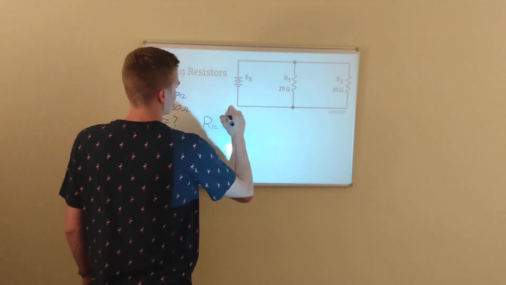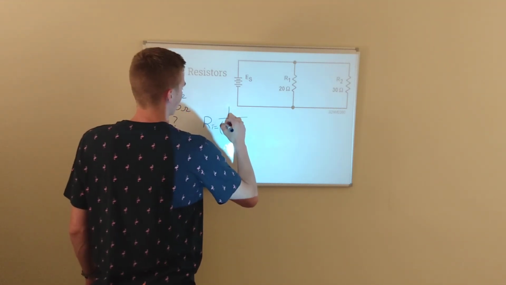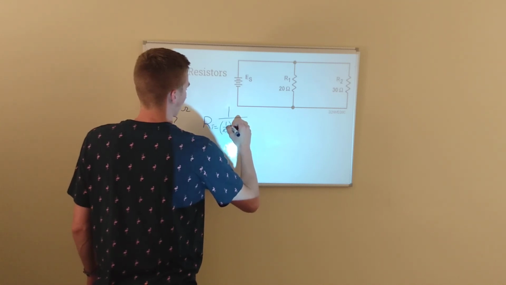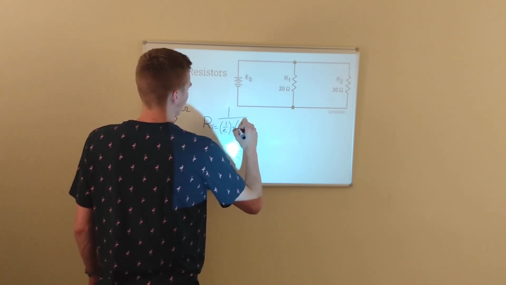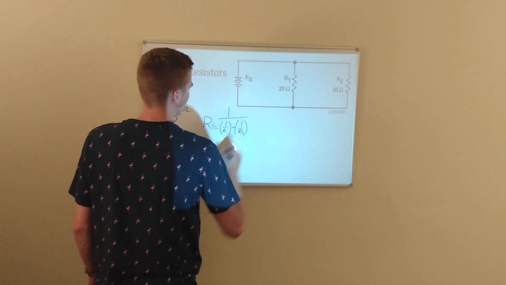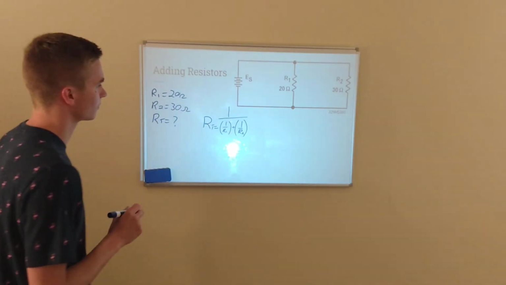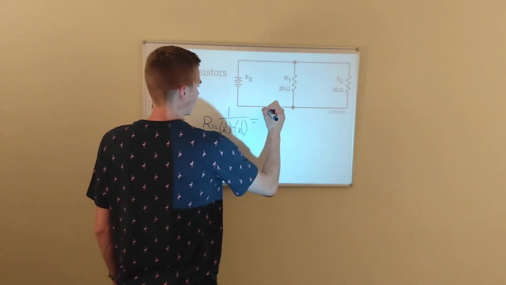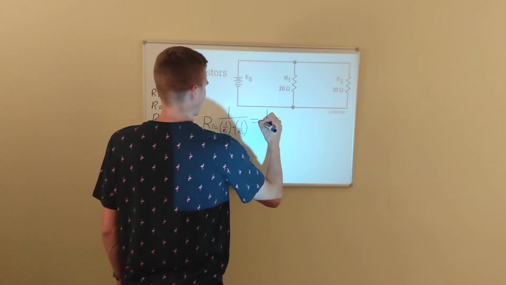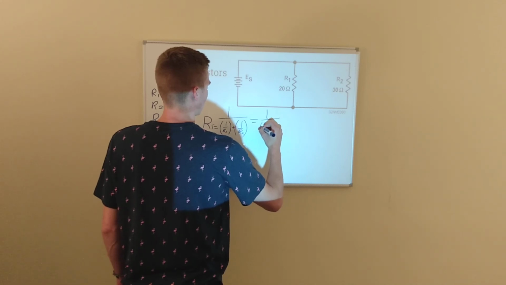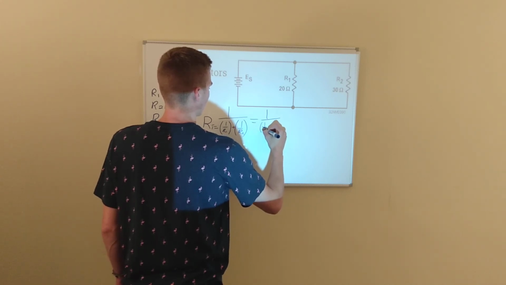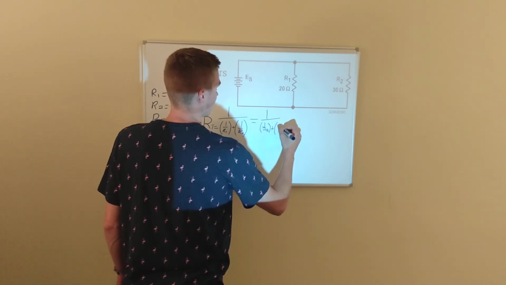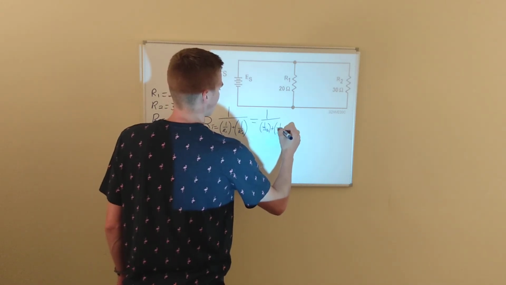I know my equation is 1 over R1 plus 1 over R2. Okay? And we go ahead and we can substitute our values. Still good to put some units when you're substituting into the equation.